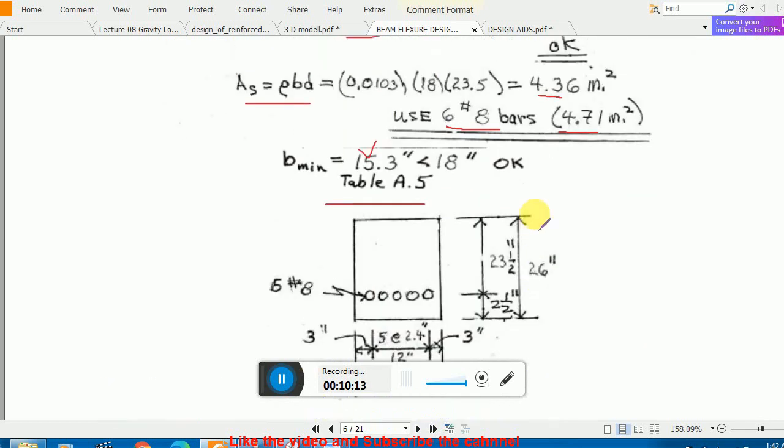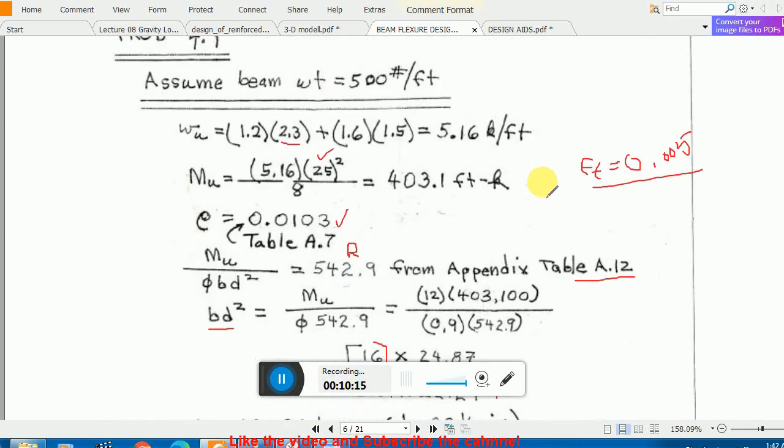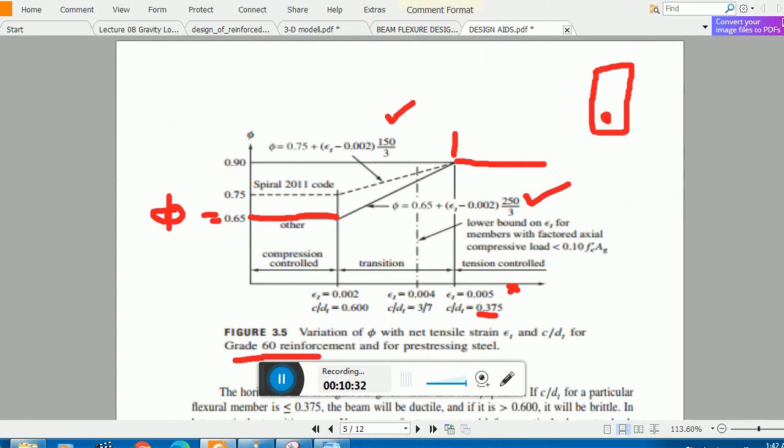Remember, here we are already on the ductile side, because the epsilon t value which we are using is 0.0075. That value is greater than 0.005. So here, in this graph, you can easily say that we are on this side.